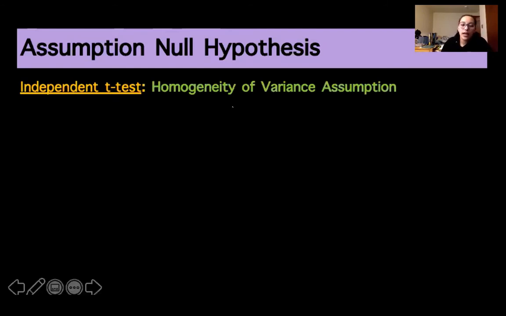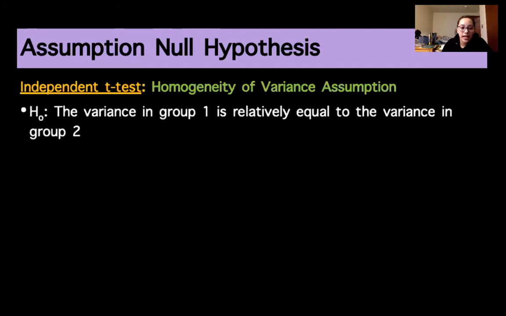So homogeneity of variance has its own null hypothesis. We test it using Levene's test in SPSS, and I think that will show up in one of the output examples that I have today. We use Levene's test to look at homogeneity of variance.